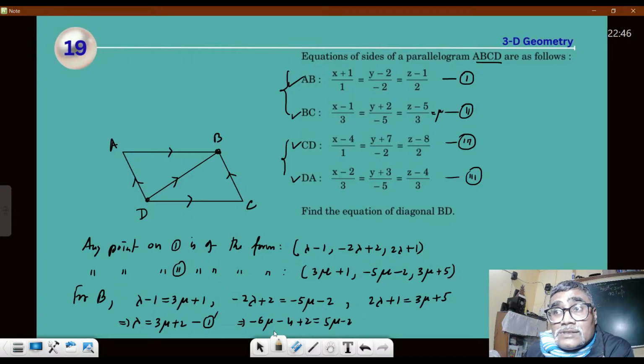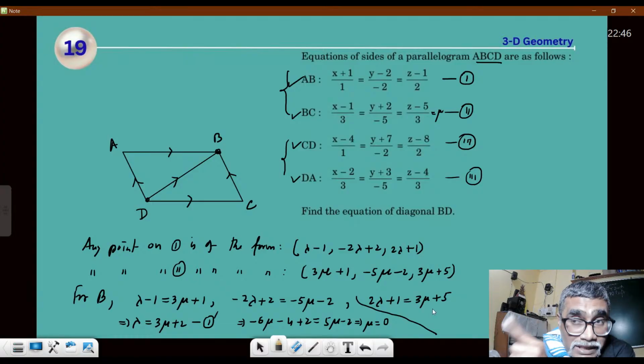Let us just try to see what will be the value of mu from here. This side it will be 11, then this will be minus 2, and yes, mu will be 0. Mu will be 0. Okay, let us get the same mu from this. If I get the same mu from this, then I'm done.